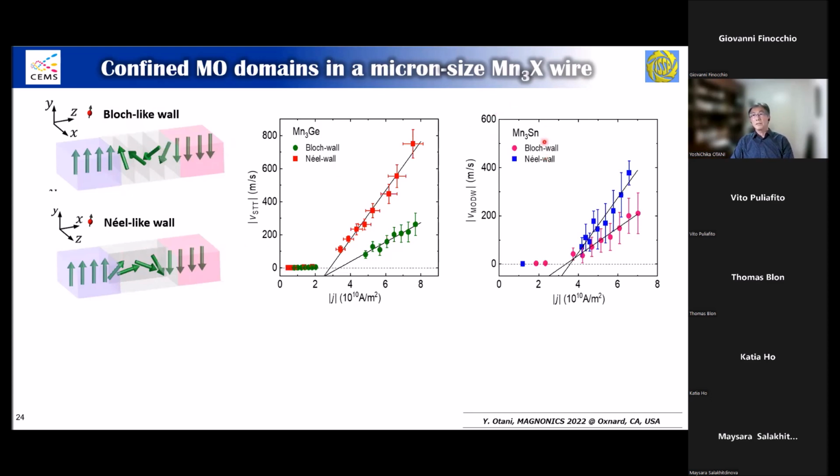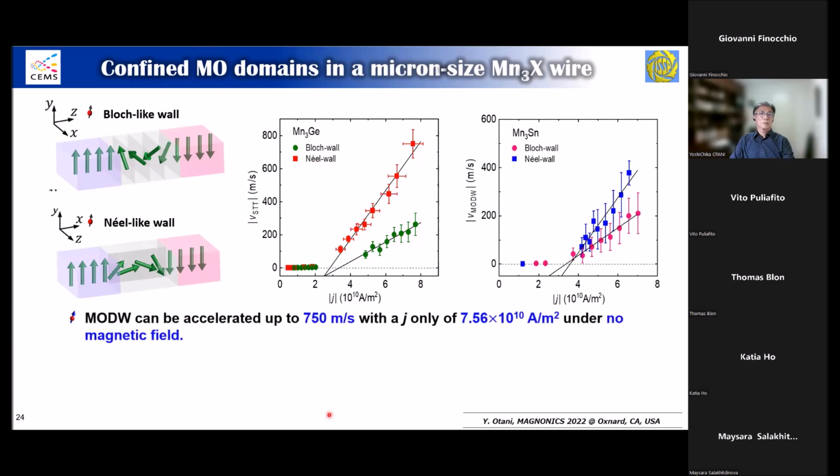Surprisingly, manganese-3 tin and also manganese-3 germanium show a huge speed. In the case of manganese-3 germanium, it goes up to 750 meters per second or so, which is much larger than manganese-3 tin. Another interesting thing is that the Néel wall moves much faster than the Bloch-type wall. As I said, at 750 meters per second, the current density is only 7.56 times 10 to the 10th ampere per meter squared, additionally without any magnetic field.